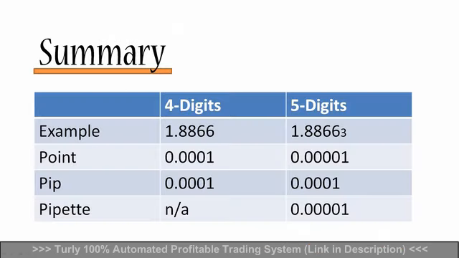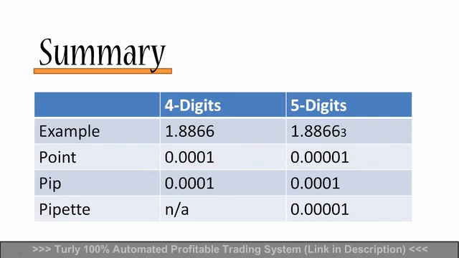So just to sum up, we've got the 4-digit system and the 5-digit system. An example is the British pound, Australian dollar quotation that we looked at, 1.8866 in the 4 digits, 1.88663 in the 5 digits. 1 point is always the minimum change. In the 4-digit system, it's 0.0001. In the 5-digit system, it's 0.00001.